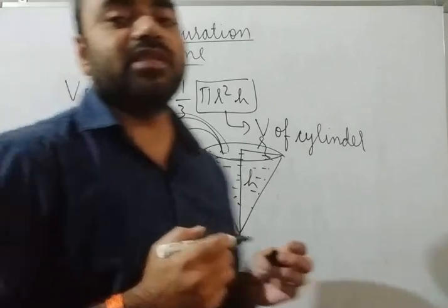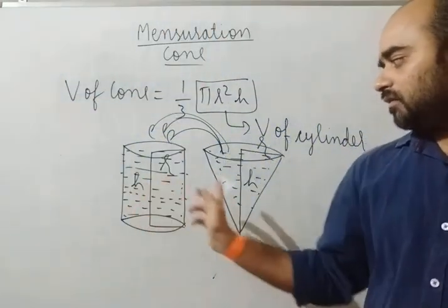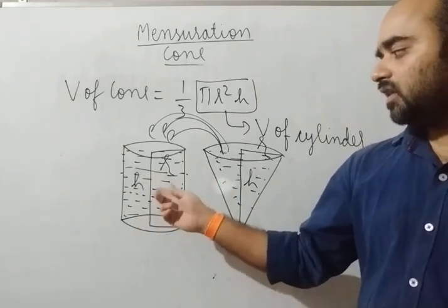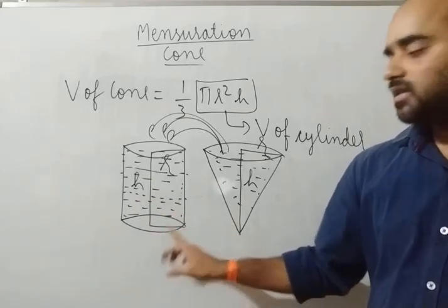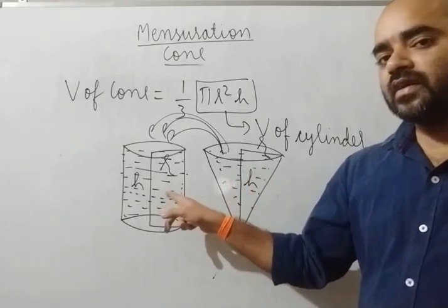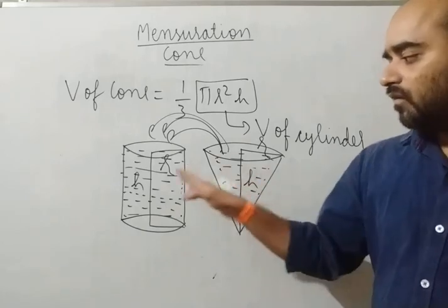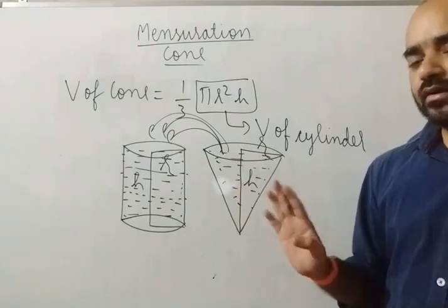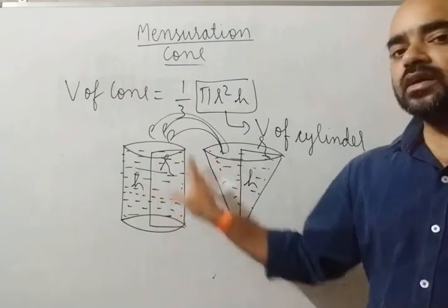It means when we have taken the vessels, cylindrical and conical, of same circular radius and same vertical height, and we fill the cylindrical vessel with water using the conical one, in one time or two times it does not completely fill, but the third time it is filled completely.